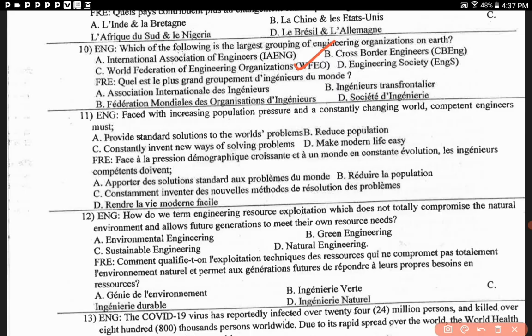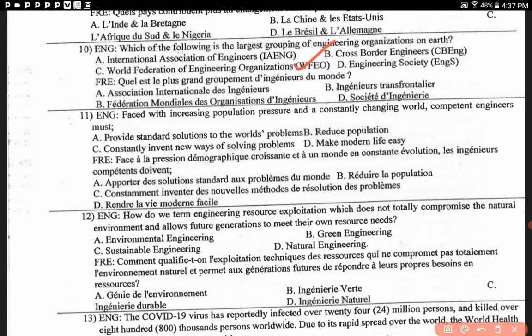But it is not a global federation. It is not a cross-border engineering society. So that is the only reason why C beats it as the correct answer.